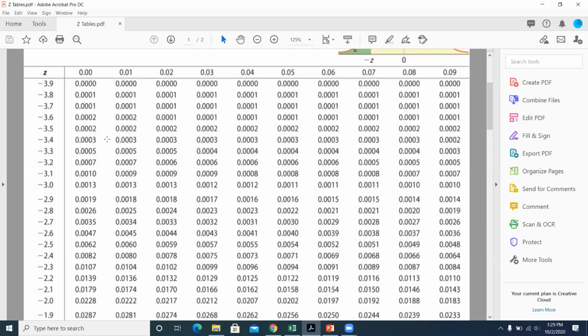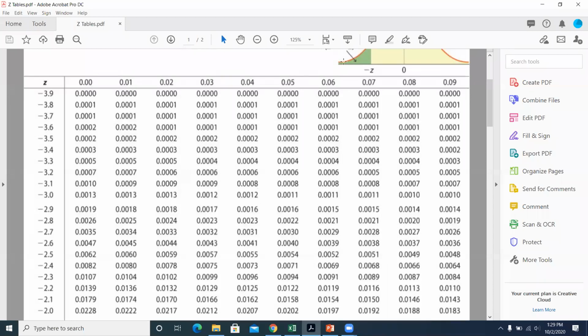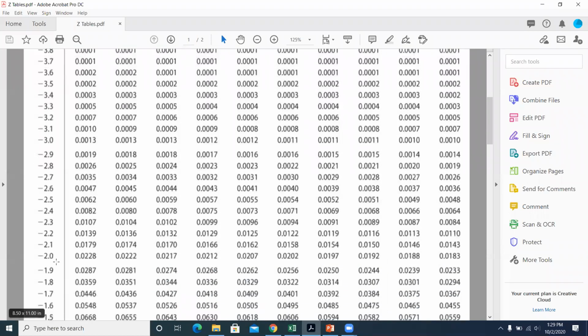We're out to the 4th decimal, so if I'm more than 3 standard deviations away from the mean, that probability is already really close to 0. And anything over 2, these probabilities aren't 0, but they're 1, maybe 2%. So being 2 away, we should already be thinking this is going to be a pretty small probability.